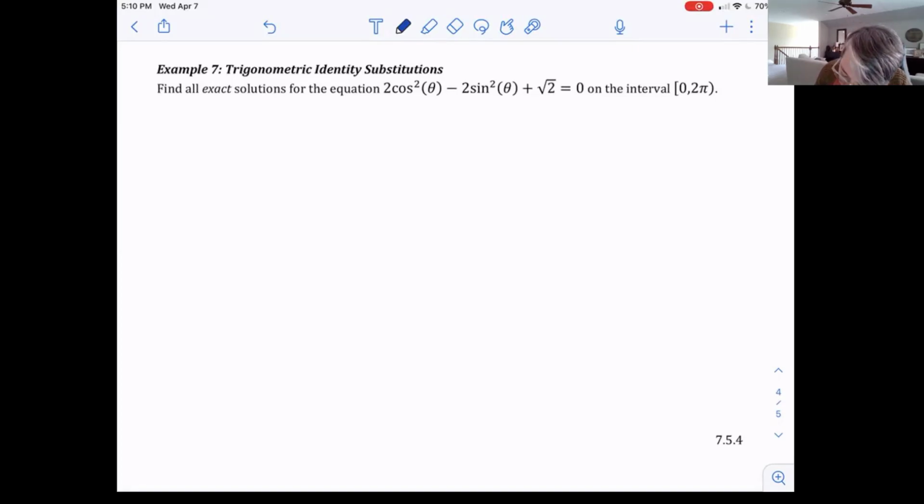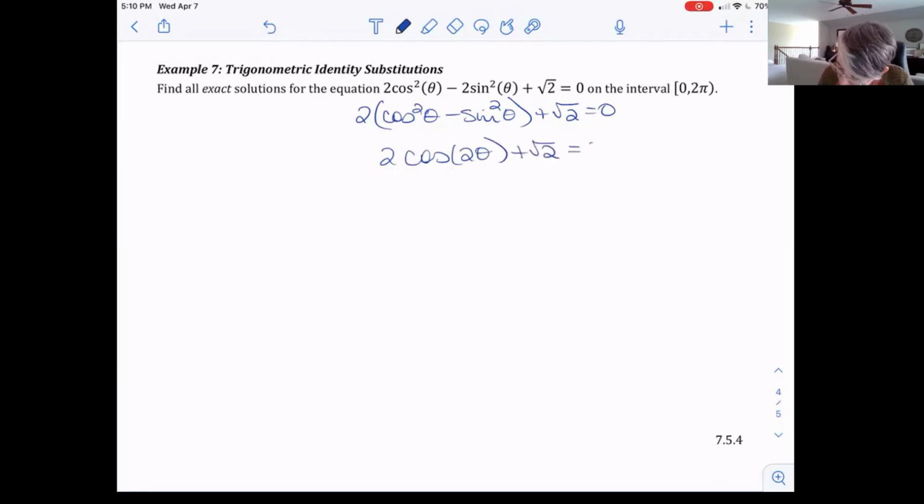So if we factored out the 2 just with those first 2 functions, then we can substitute in and get 2 times the cosine of 2 theta plus the square root of 2 equals 0. Then we can solve for the cosine of 2 theta. So we get cosine of 2 theta equals a negative square root of 2 over 2.